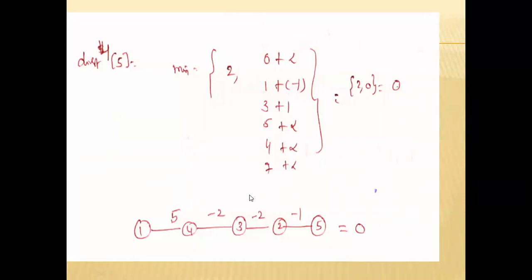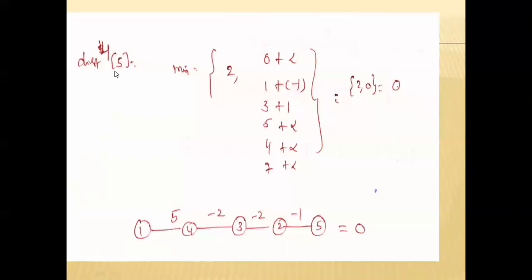There is a shortest path from 1 to 5 by using four edges, and the distance is 0. In the previous calculation by using three edges the distance is 2, but in four edges the distance is 5 minus 2 minus 2, which equals 0.